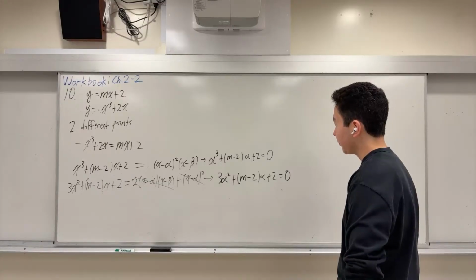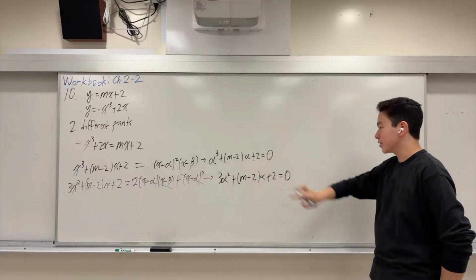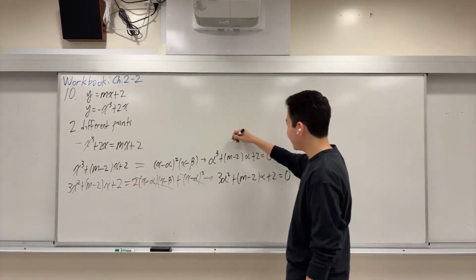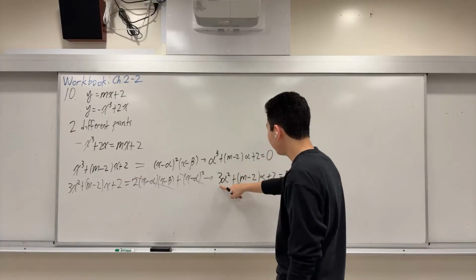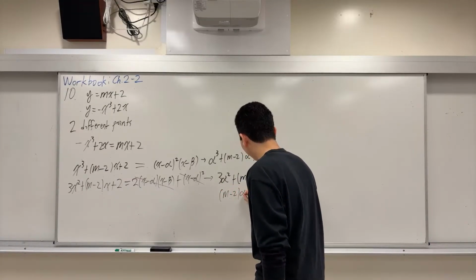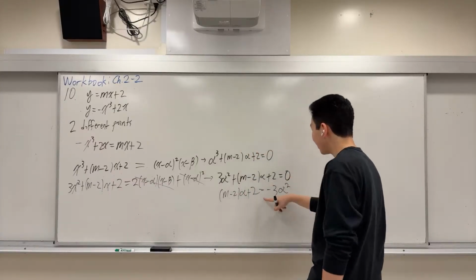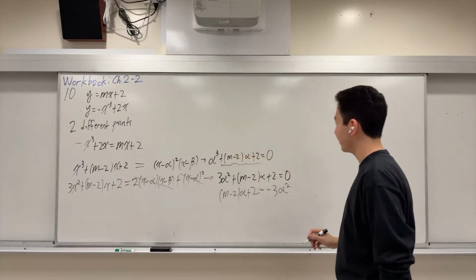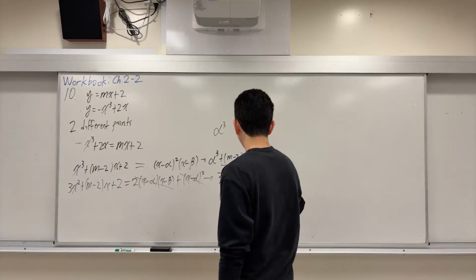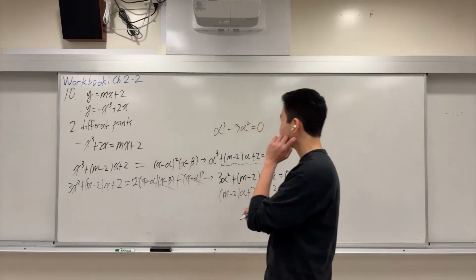Let's try this. You see, we have (m minus 2) alpha plus 2 in both equations. So maybe we can simplify this into a simpler equation. We can move 3 alpha squared onto the other side and say, hey, (m minus 2) times alpha plus 2 equals negative 3 alpha squared. And then we can plug this in place of this and get a much simpler equation. So we get alpha cubed minus 3 alpha squared equals 0.